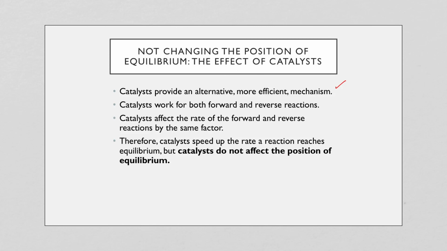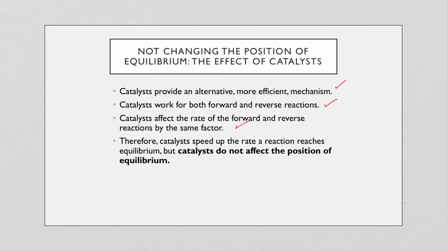But a catalyst doesn't just affect one way or the other. A catalyst will work on both the forward and the reverse conditions. So if a reaction is in equilibrium, it's going to move faster in both directions. So ultimately, the catalyst has really no effect on the equilibrium.